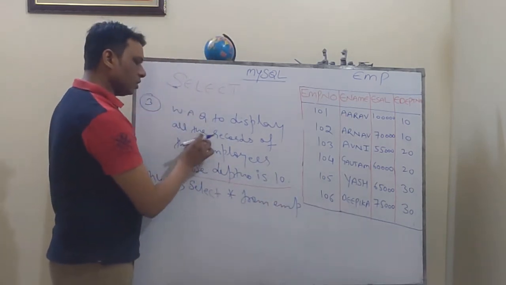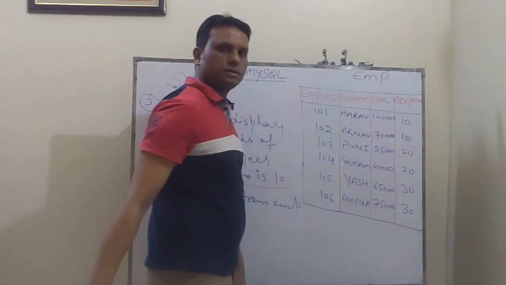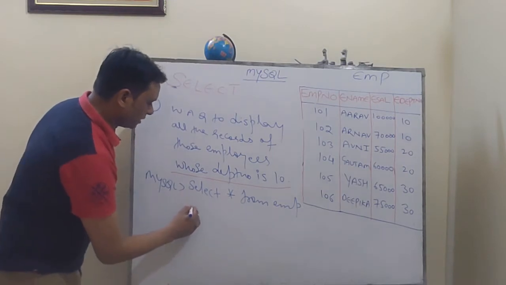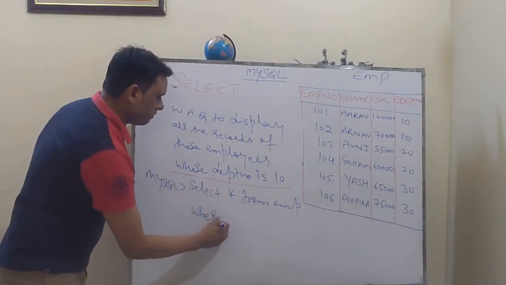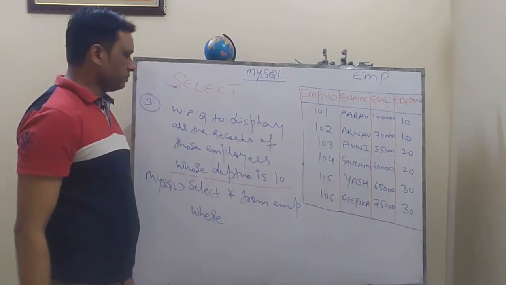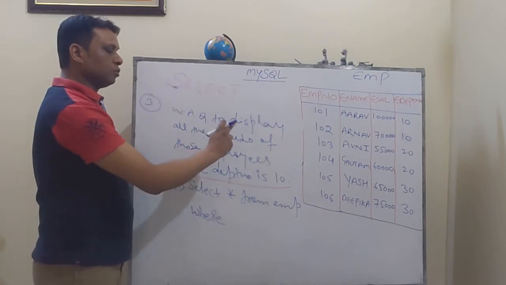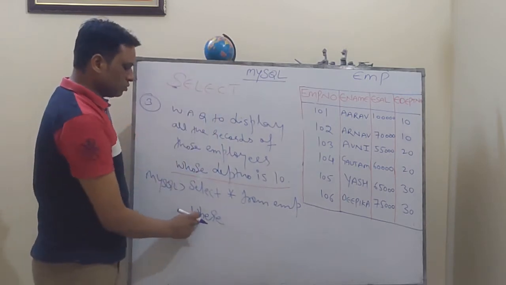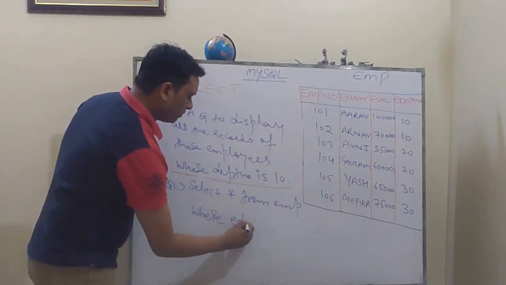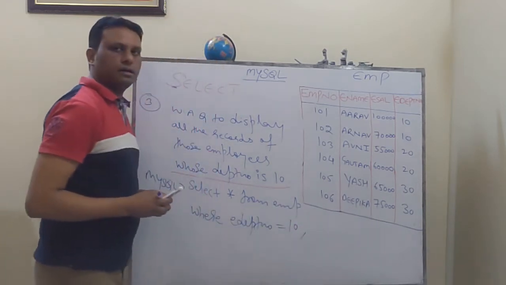Star means all the records, means values from all the columns. Then the where condition. Here where is used for conditional purpose. In this query, the condition is given. What's the condition? Of those whose department number is 10. So where E department number is equal to 10.